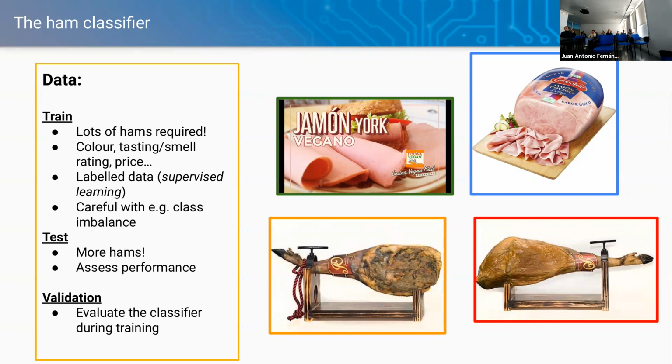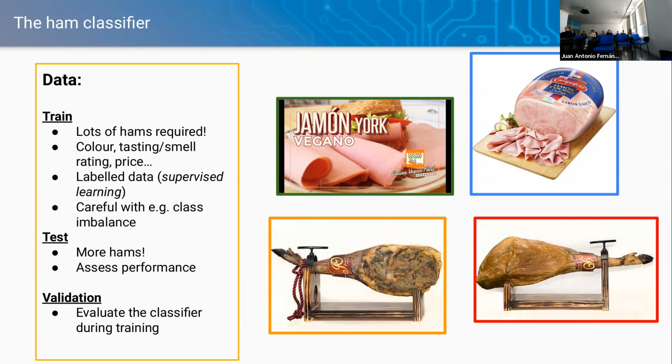The training data will be used to train the machine learning. It will learn by looking at the data to classify the hams. Then there will be the validation dataset that will allow you to check how the training of the machine learning goes. And finally, the test data is a completely independent set of data where you will apply your trained machine learning to see how it performs, if it was properly trained or not.